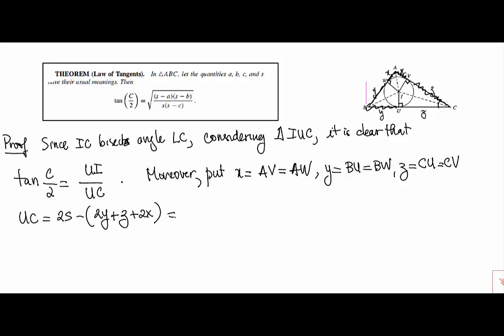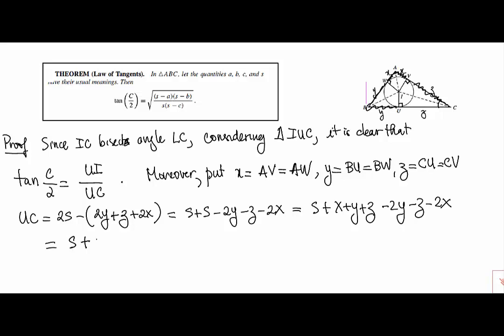Now expanding this out gives s plus s minus 2y minus z minus 2x, which is equal to s plus (x plus y plus z, because s is half of the perimeter) minus 2y minus z minus 2x. After cleaning things up we get s plus negative x minus y.